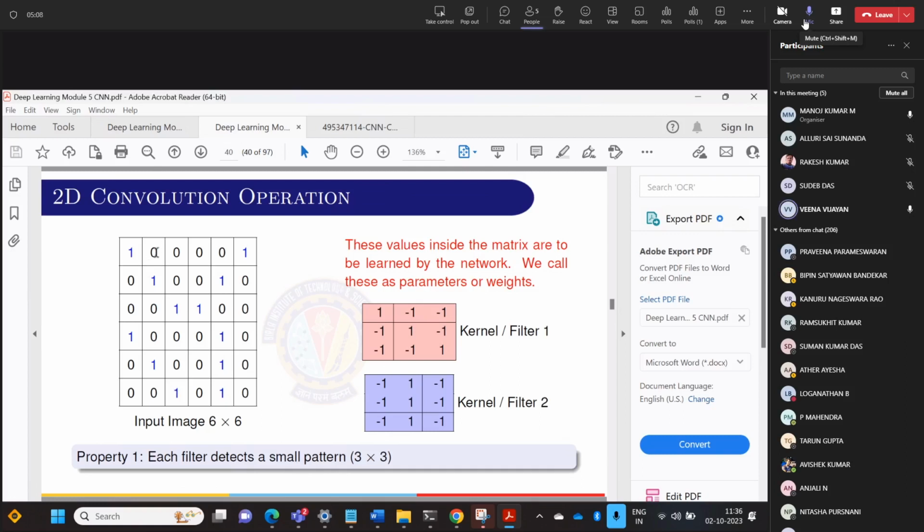And based on whatever filter we are getting, we are trying to extract this feature map. So you will have the complete input, and from there we will be extracting the feature map, and the final size will depend upon the filter and stride.